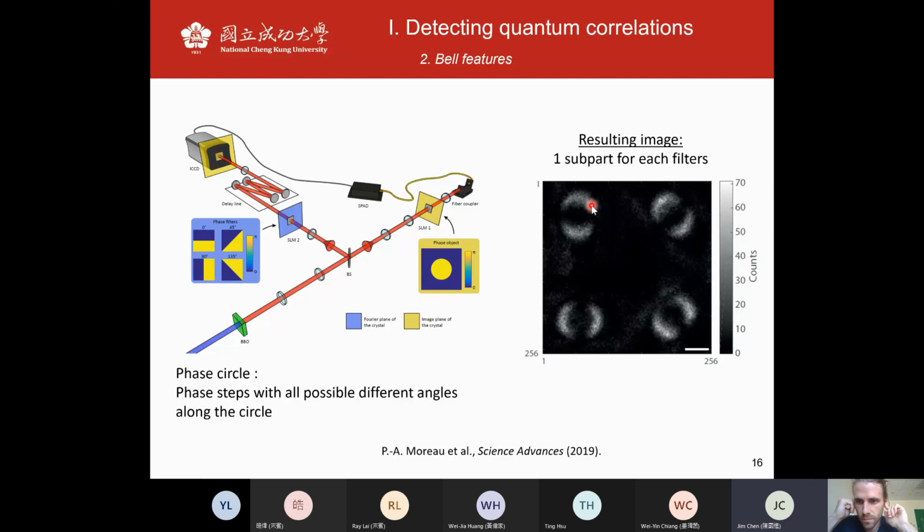Is that the reason? Yeah, so to me, these positions are simply a variable. When you detect a photon at a precise position, it means that your wave function has collapsed onto this precise position.